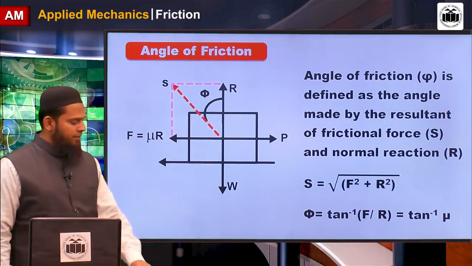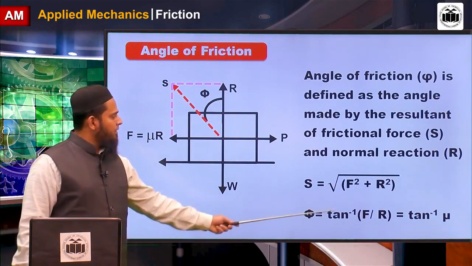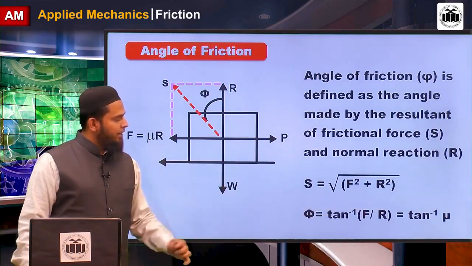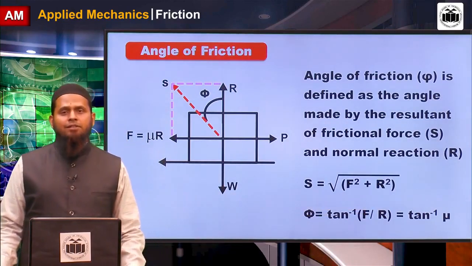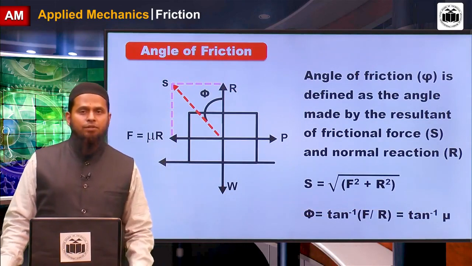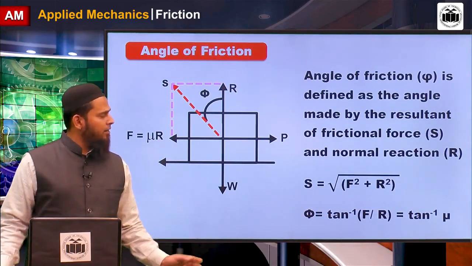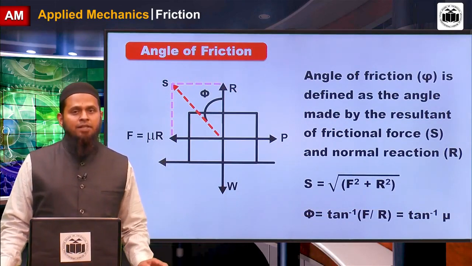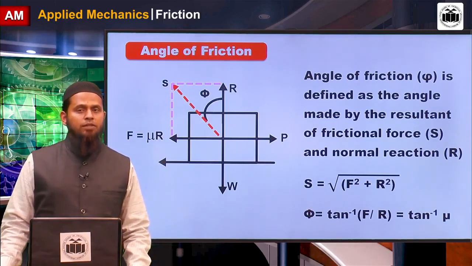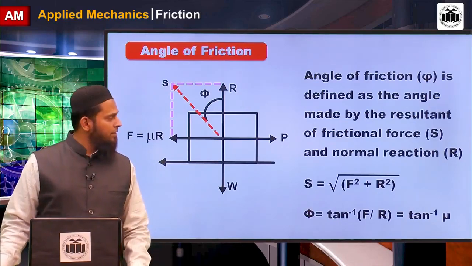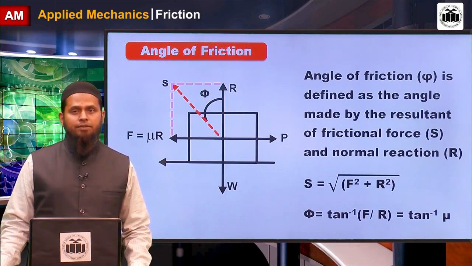But we know that F by R is mu. Hence, there is a relationship between coefficient of friction and angle of friction. In other words, if the angle of friction is known to us, the coefficient of friction can be calculated.